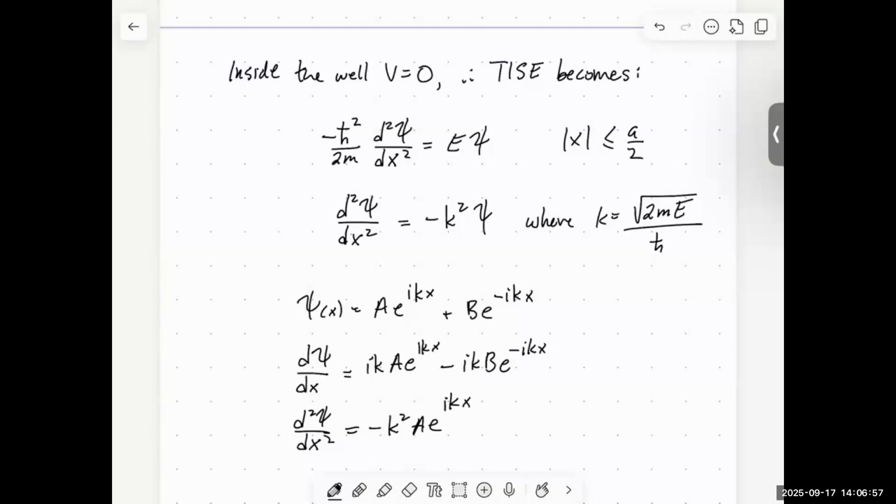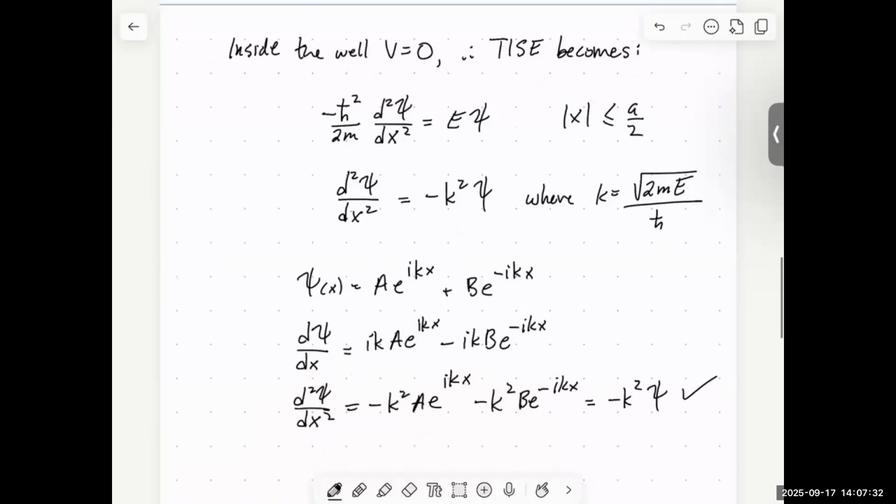Same thing here, take another derivative, the minus signs cancel, but I get an i squared, the minus sign comes back, so we get a minus k squared e to the minus ikx. I can take out that common factor of k squared, and then I have a e to the ikx plus b e to the minus ikx, but that's just our original. Yes, that's the solution. Indeed, that is a valid solution to this time-independent Schrodinger equation.